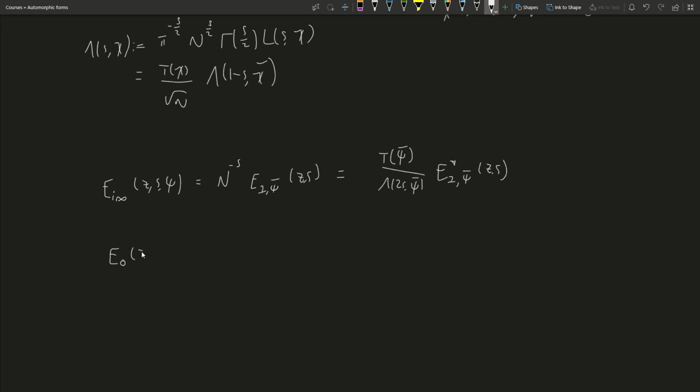And then for prime level, there's only one other cusp. It's at 0. And Young says this is this Eisenstein series. And if you unwrap what this is, 1 over the completed L function 2s, psi.